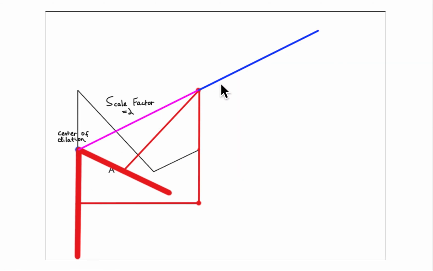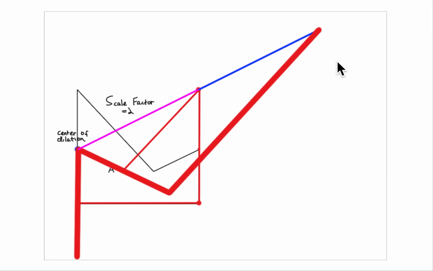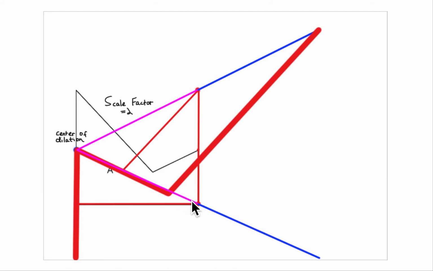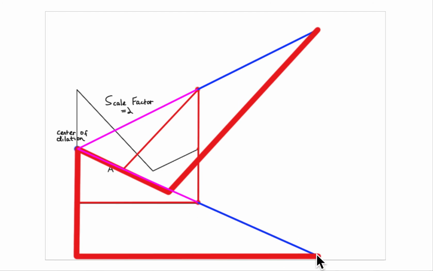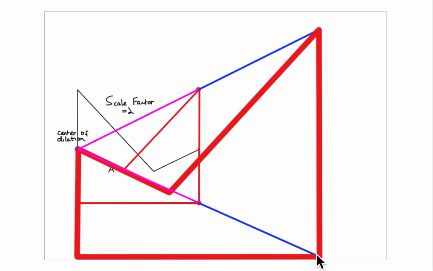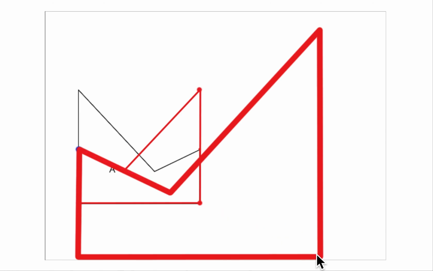The length from the center to each vertex becomes the unit length for that part of the dilation. So that's 1 unit, and twice that is 2 units. And then finally this one here, double it, and then connect those points around. You end up with that image.